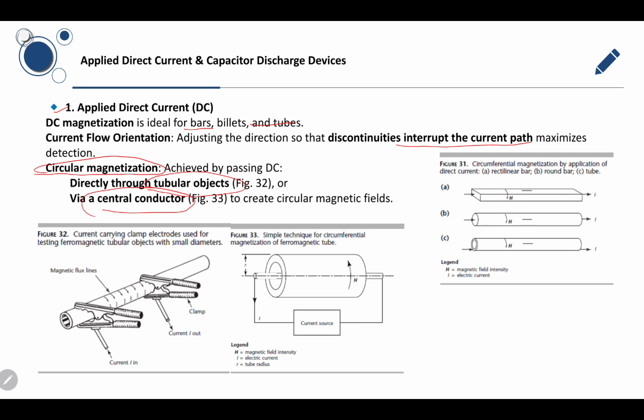We can identify these images. This is DC directly through the tubular objects. These are the flux lines. This is the central conductor through which DC is passed. Here circular magnetic fields are created.